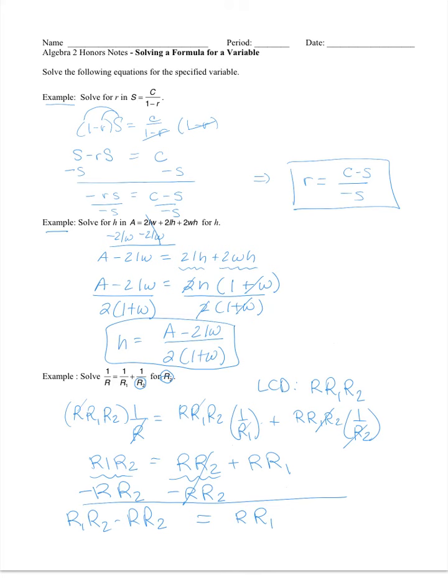Now I'm trying to solve for r sub 2, so I can factor out an r sub 2 from the left-hand side. And then I just need to isolate the r sub 2 by dividing both sides by r sub 1 minus 1, and I've solved for r sub 2.